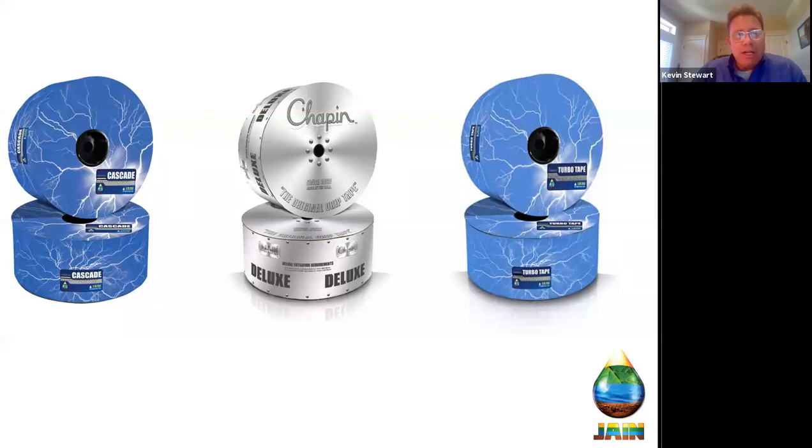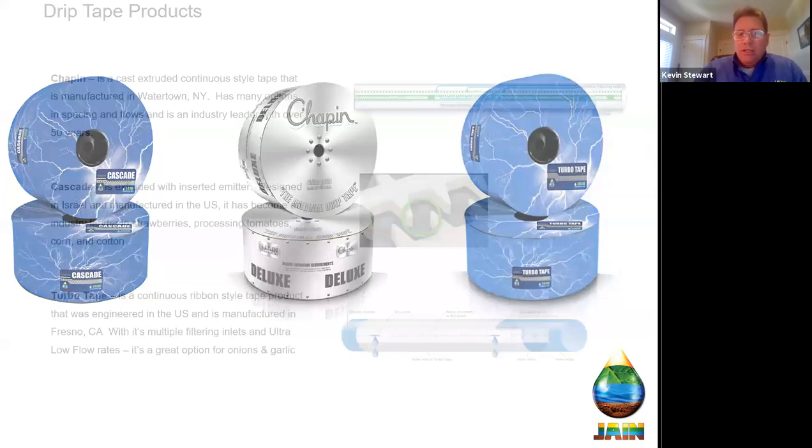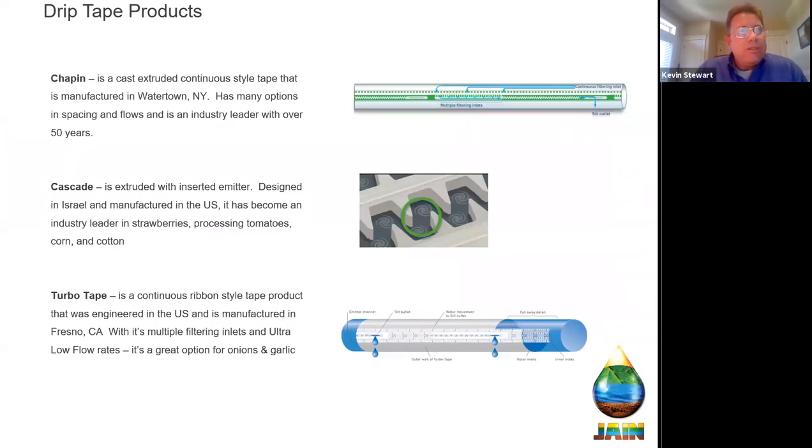In this presentation, we'll talk about 3 products primarily that Jain manufactures. And here's just a snapshot. I'll just name them. We've got Cascade off to the left, we have Chapin right in the middle, and then we have Turbo Tape on the right-hand side. We know that no 2 systems are really alike.